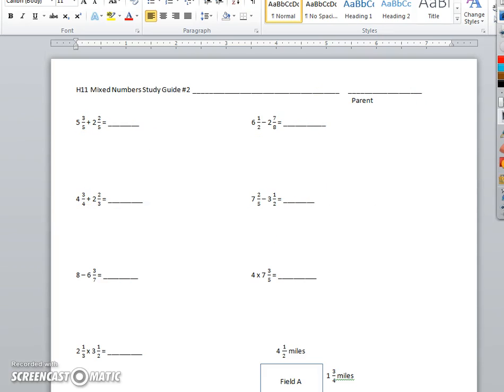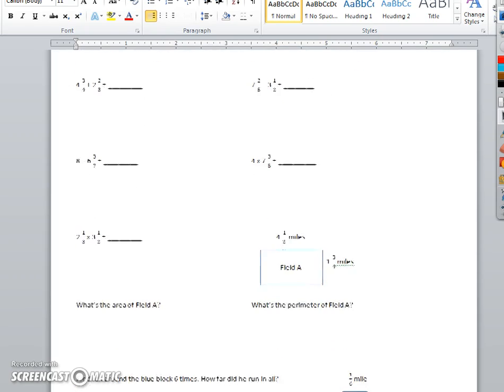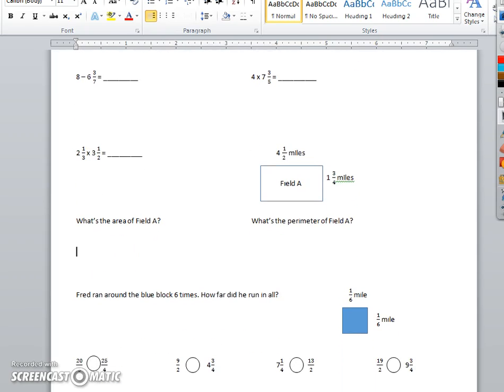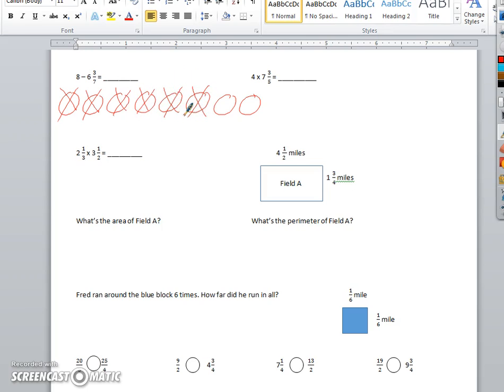Scroll up here a little bit. We have a subtraction one here. I feel like the easiest way to do this one is to draw 8 circles. 4, 5, 6, 7, 8. And then I'm going to get rid of 6 and 3/7. So there's 1, 2, 3, 4, 5, 6 of them gone.